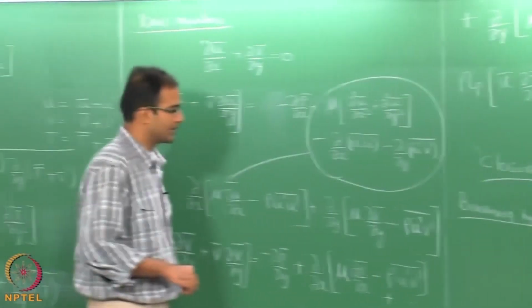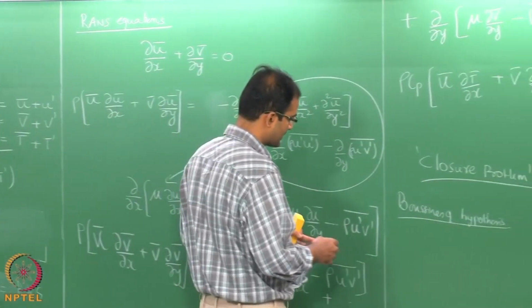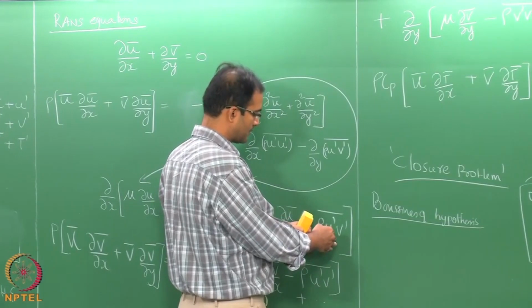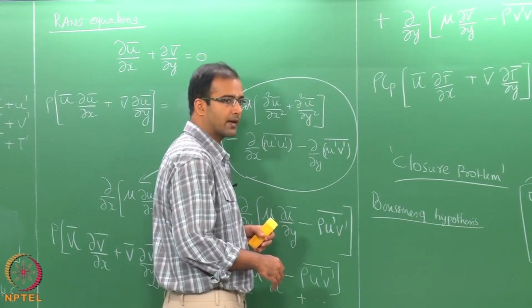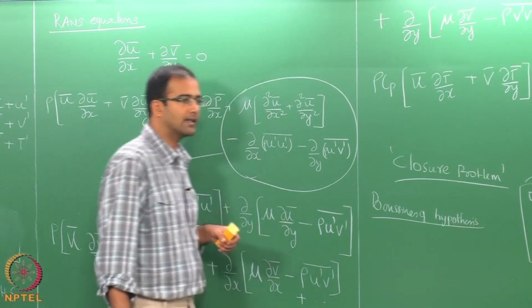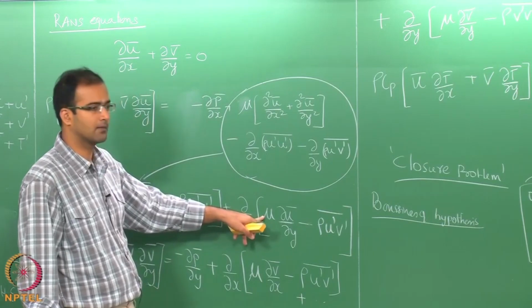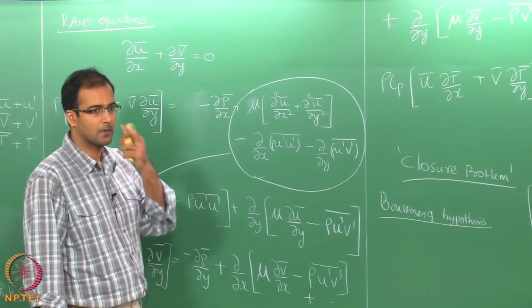So, here Boussinesq says intuitively that the nature of these turbulent stresses or turbulent diffusion can be modeled analogous to the molecular diffusion, only that we will replace the molecular viscosity with what is called turbulent viscosity. Okay.